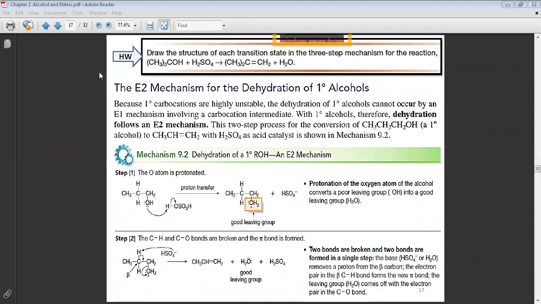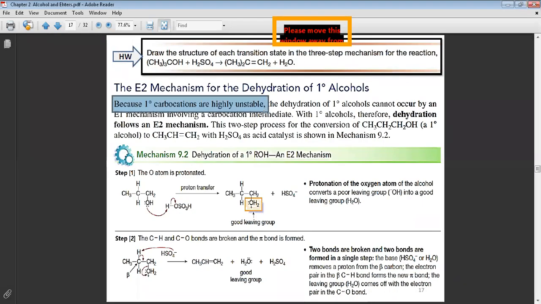Anyway, the E2 mechanism for the dehydration of a primary alcohol. This is not E1. E2 is different. We come to primary alcohol, not secondary, not tertiary. And here is the E2 mechanism for dehydration of primary alcohol, because the primary carbocation is highly unstable. Look, the primary carbocation is not stable.